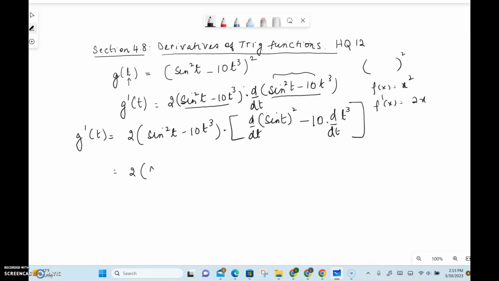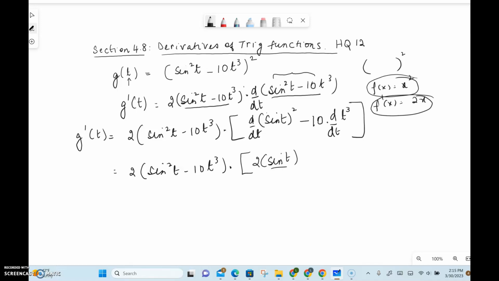So we have 2 sine squared t minus 10t cubed times d by dt of sine t the whole squared, which looks like an x squared. Notice f prime of x is 2x, so 2 sine t.